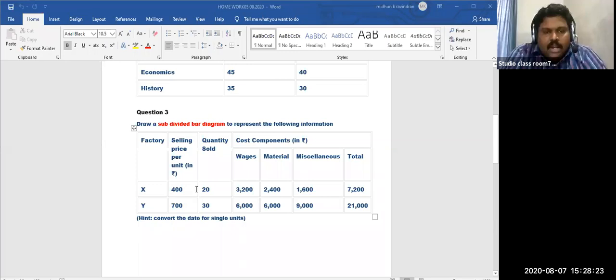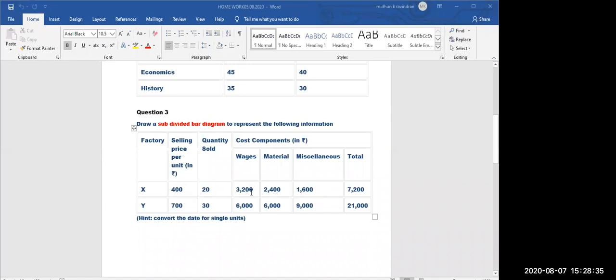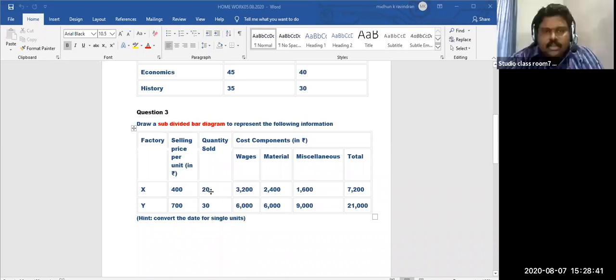If you want to convert that into a single unit, what do you want to do here? Can anyone say? All these values are for the total quantity sold, which is 20. So what do I do to convert it to single units? Multiply 420.